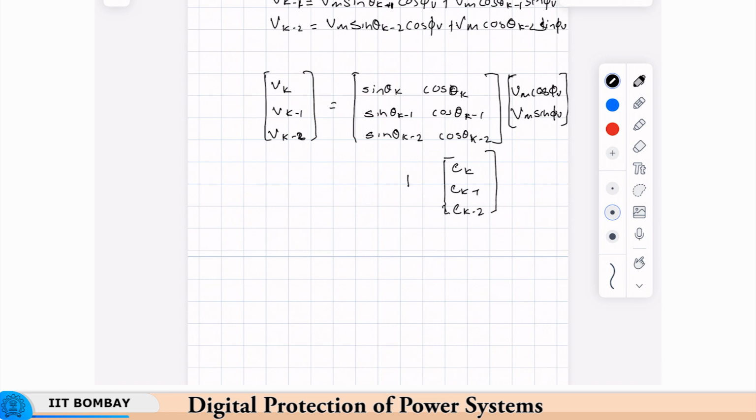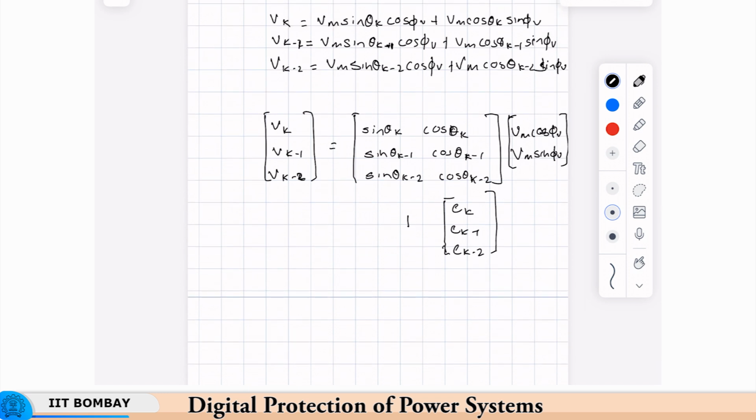Now let us call the measurement vector the B vector. This is the A matrix, which is a constant matrix, and that is why it is linear least squares. This is the vector of unknowns, and this is the noise. So you have the form B is equal to Ax plus E. Now we have to find a solution to this.